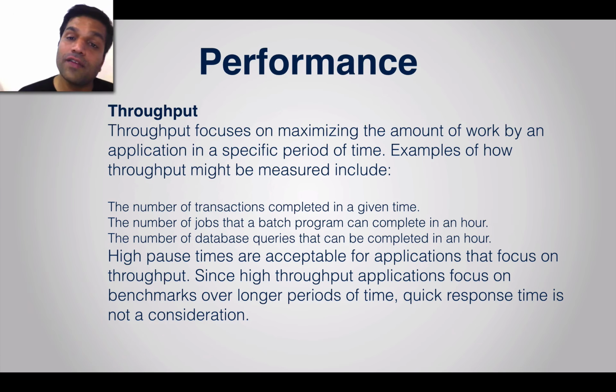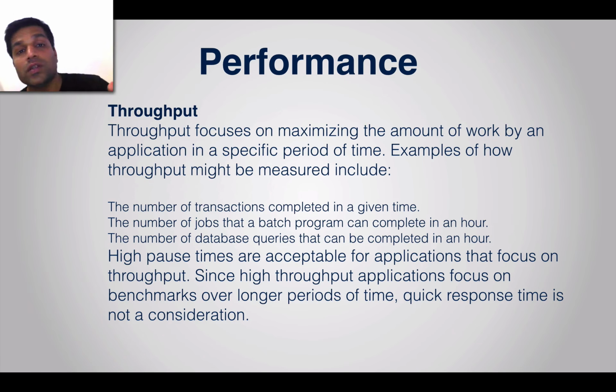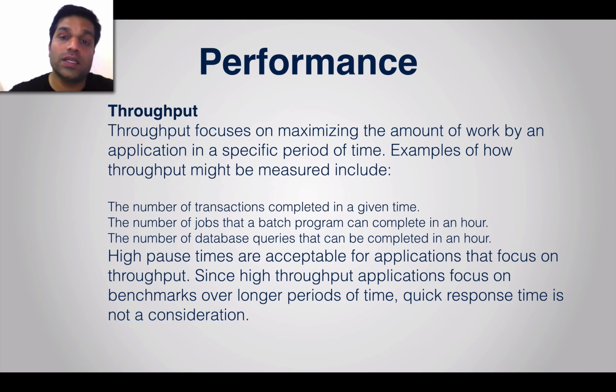In that kind of application, it's okay to have some amount of pause where the application is not responding, as long as after that it quickly processes all the records that come in and achieves the throughput you want. That is the difference between responsiveness and throughput.